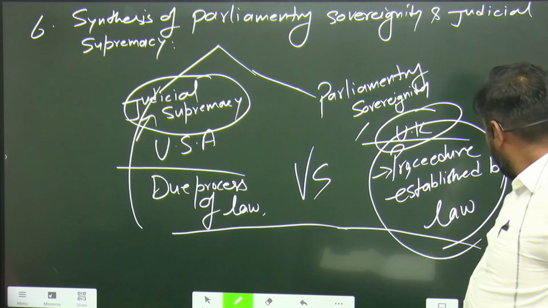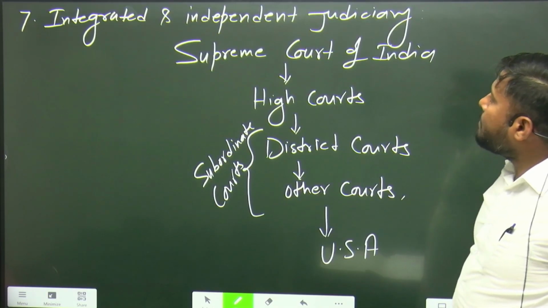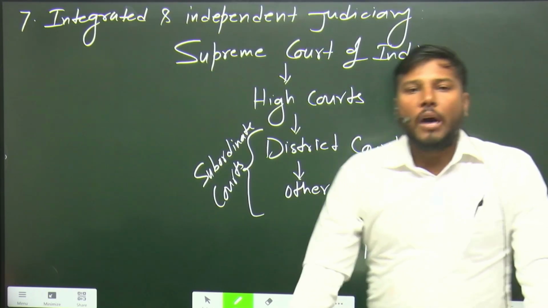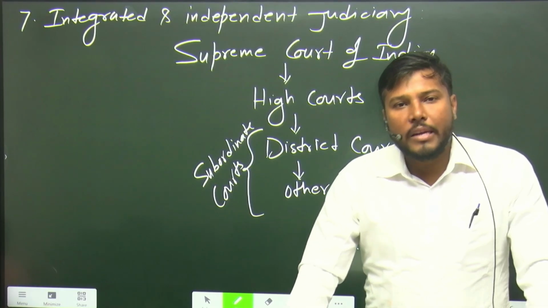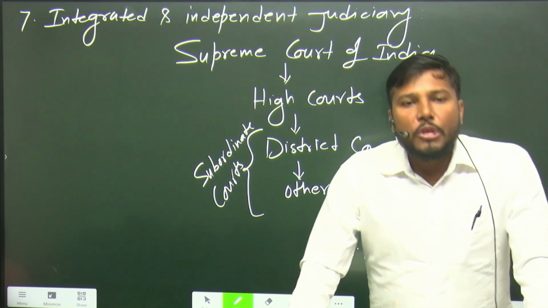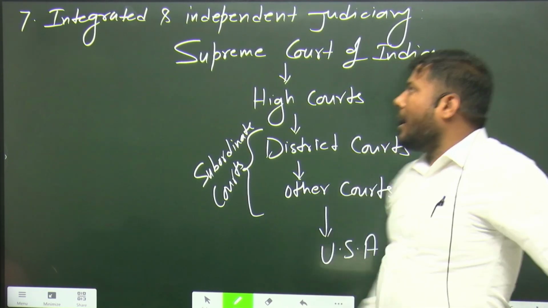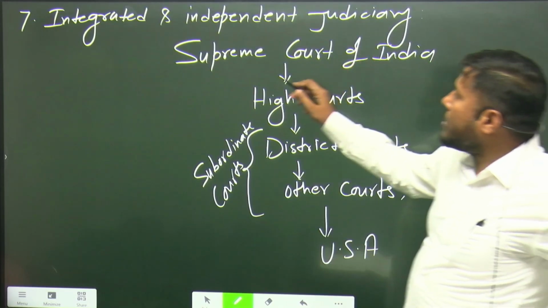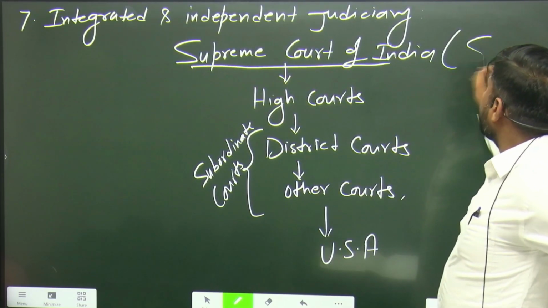Right? Integrated and independent judiciary. You see here, our country, our forefathers have opted for an integrated and independent judiciary to establish justice in society, right? So at the top of our judiciary system, there is the Supreme Court of India. I've written here for you, SC, right?